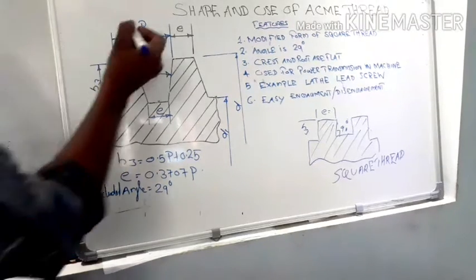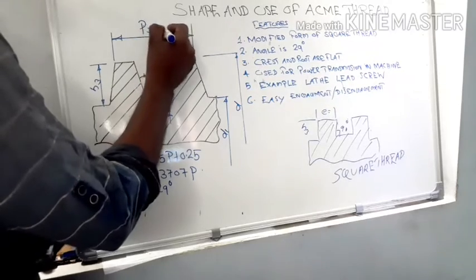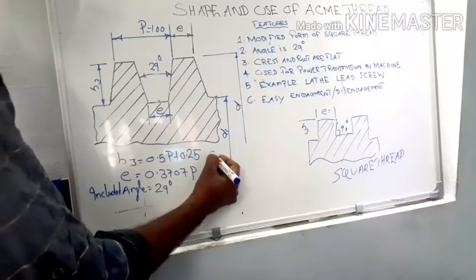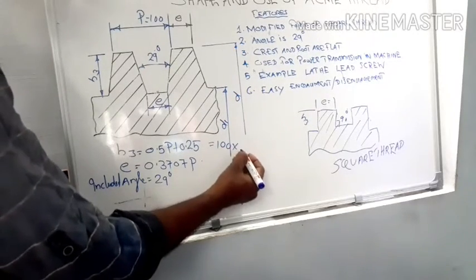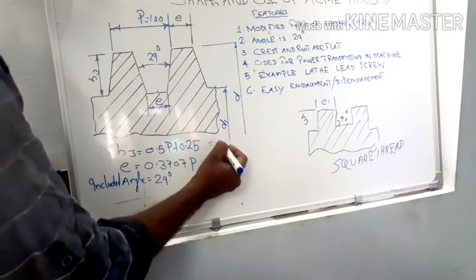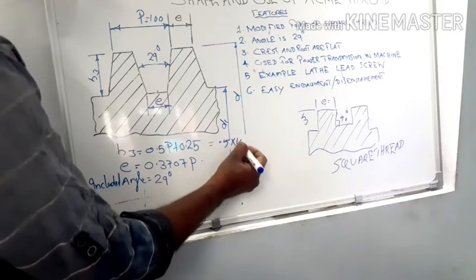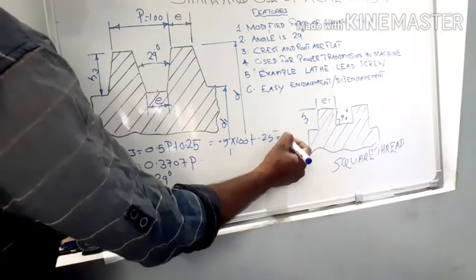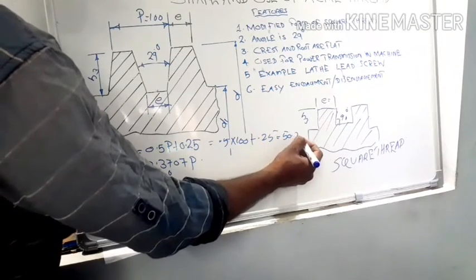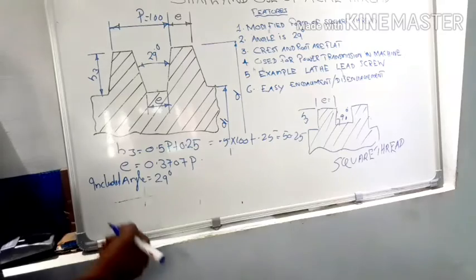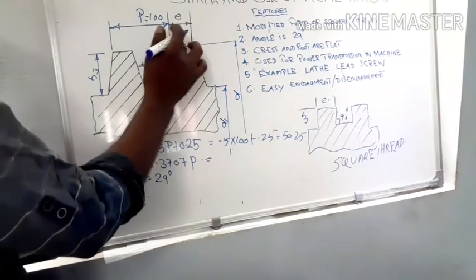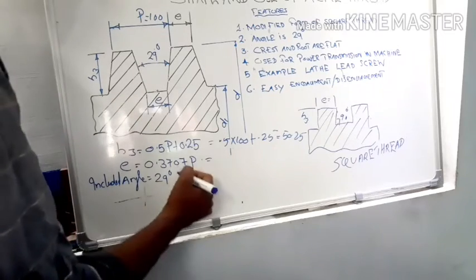If the pitch is equal to 100, what is its H3? Therefore, 100 into 0.5 plus 0.25, that is 50.25 millimeter. Same way we can find E, upper E and lower E. What is the E value?